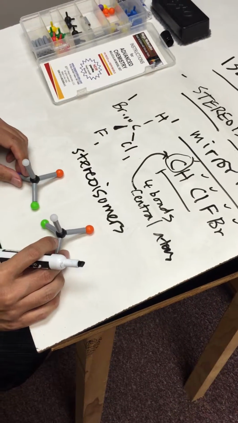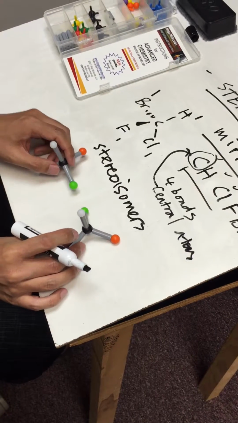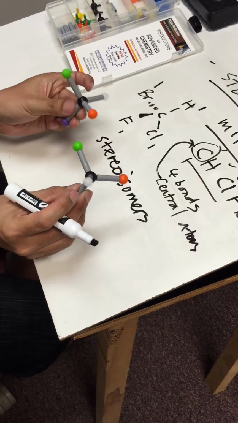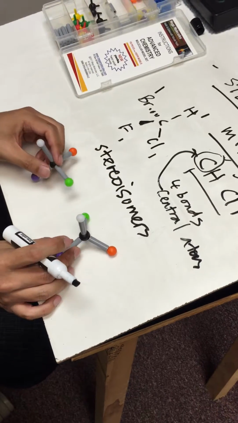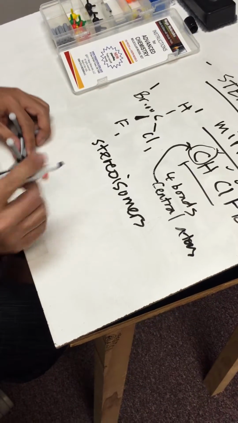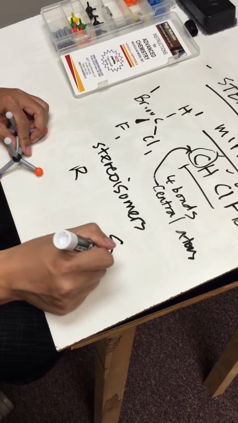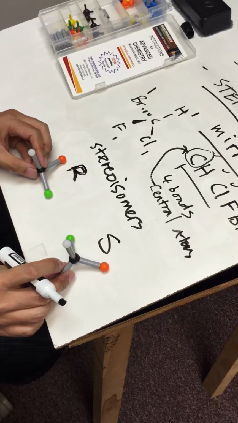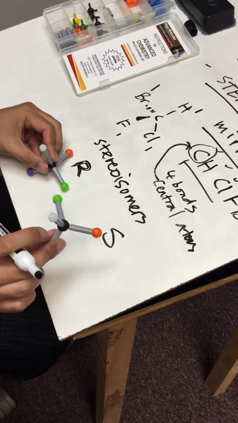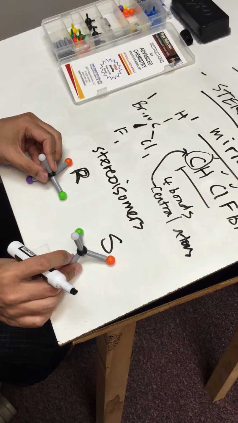Now let me tell you one more thing. There must be a way that we can tell apart these two isomers, right? They're stereoisomers. How do we do this? Well, we use the RS convention. One of these is going to be the R isomer. The other one is going to be the S isomer.